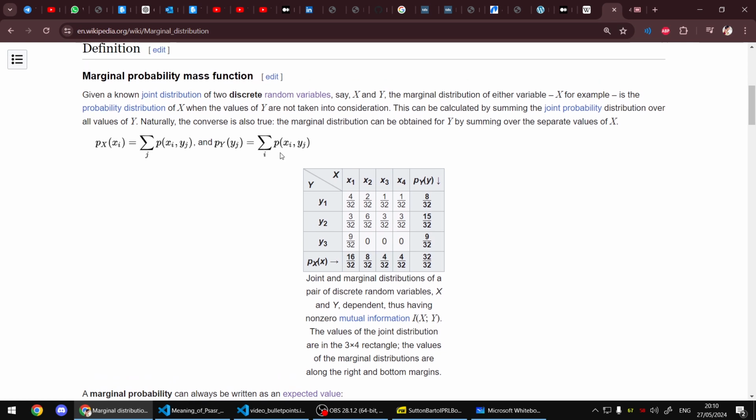So marginalization means, although we have data on the joint distribution, so the number of outcomes when X was true and X1 was true and Y1 was true, and for all the others.